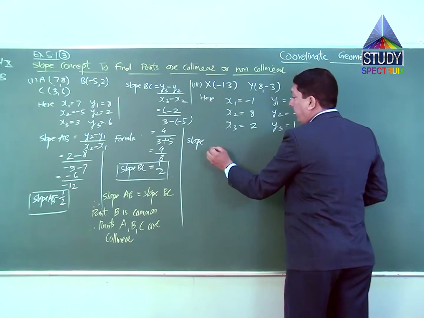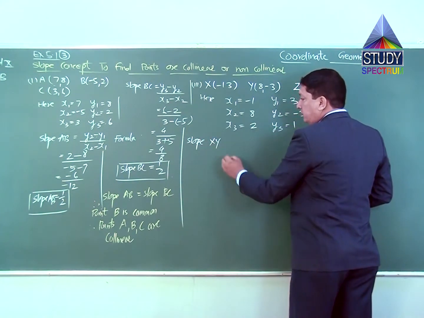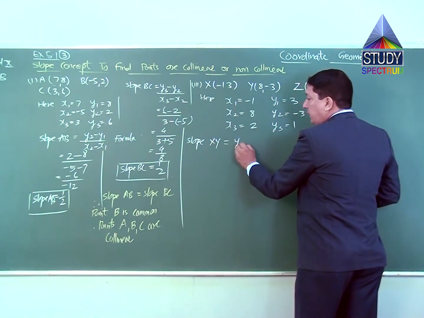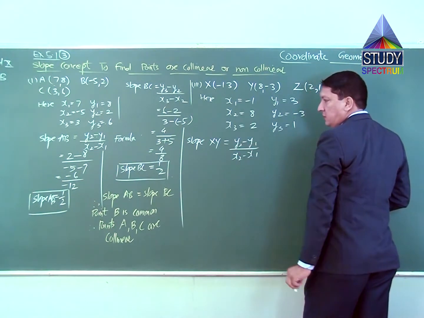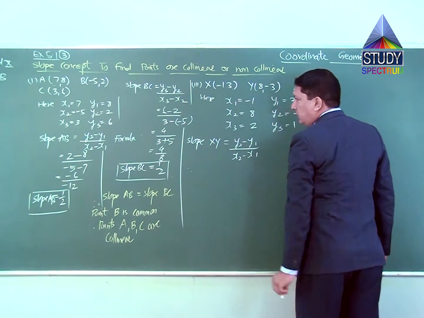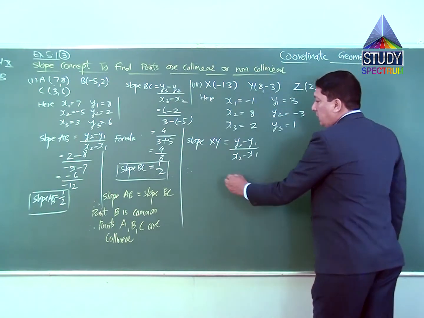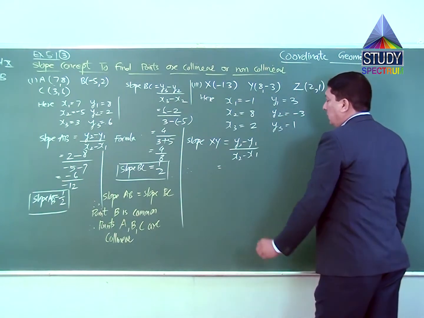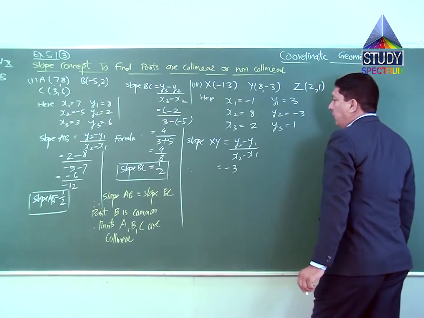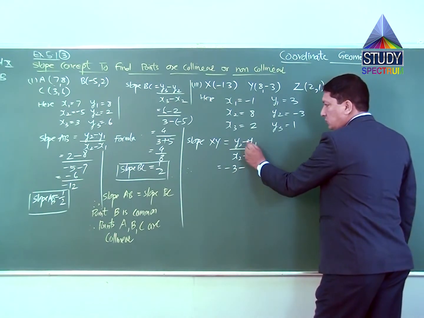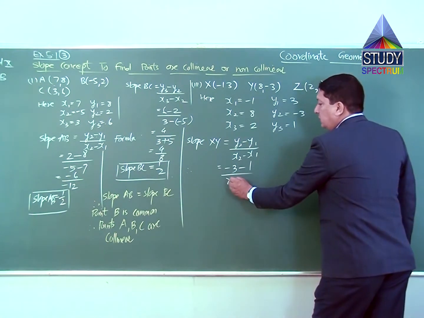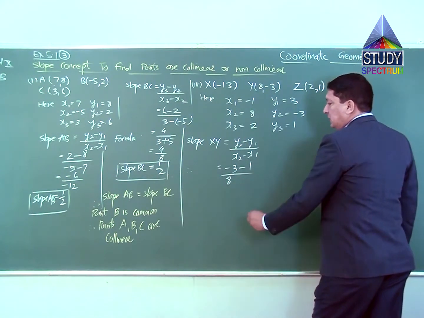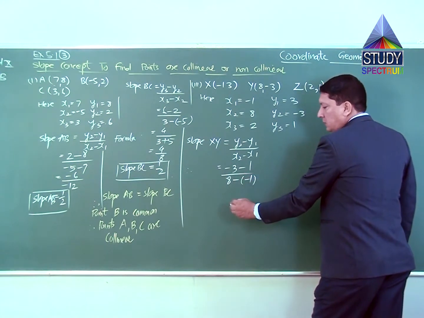Slope of XY is y2 minus y1 upon x2 minus x1. Therefore, y2 how much now? Minus 3. y1 how much? 1, so minus 1. x2 is 8. x1 is minus 1, so minus of minus 1.